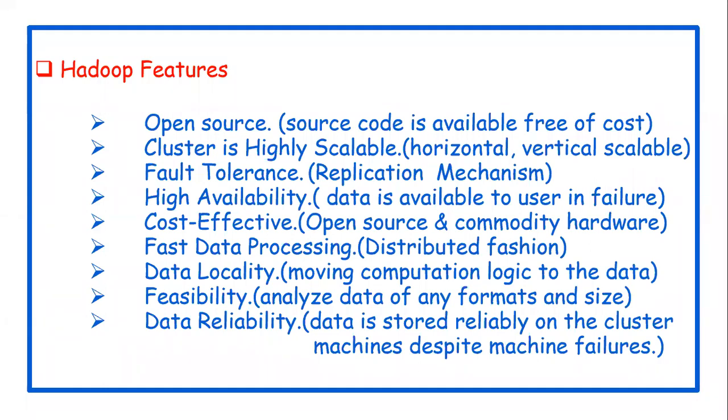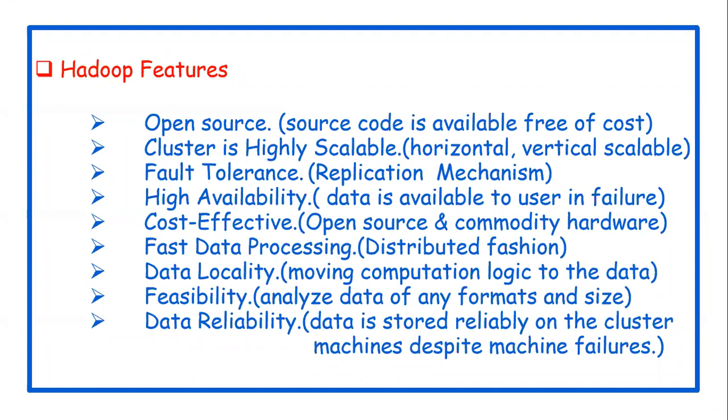That's why we follow the replication mechanism: the same data is placed in multiple places. Even if one data node can't supply the data, we don't need to stop the computation. We go to the second or third place, because the replication factor lets us get the same data from a different place.